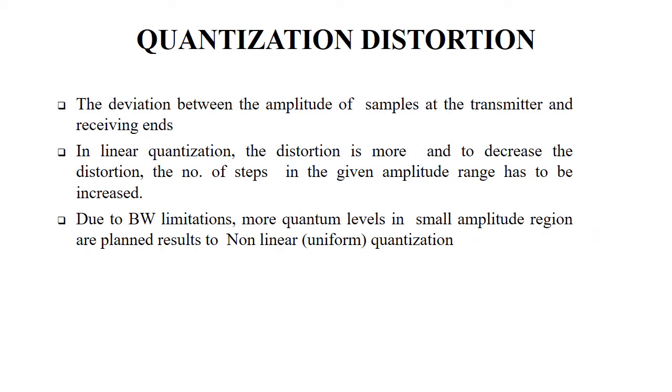Next is quantization distortion. The deviation between the amplitude of the samples at the transmitter and receiver ends will have a very minute deviation in the distortion process. In the linear quantization process, the distortion is more, and to decrease the distortion, we take more steps in the amplitude range and increase them side by side.